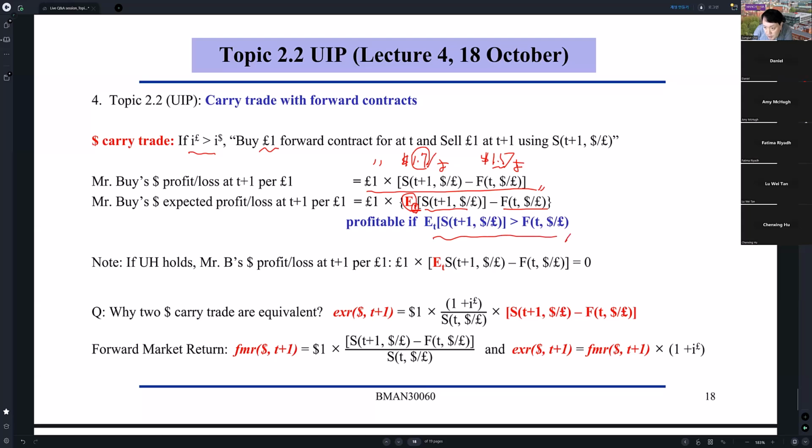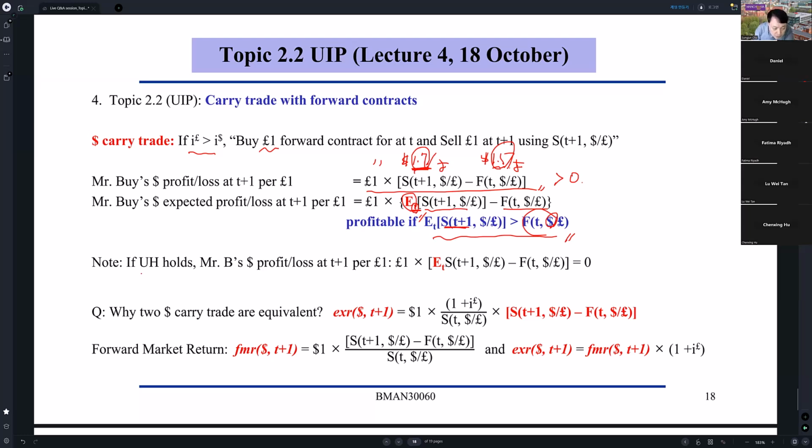If this is the case, you will get profit from implementing the dollar carry trade because this becomes positive, right? So you pay this dollar amount, 1.5, and once you get pound, you will sell it to get the future unknown exchange rate, for example, 1.7.